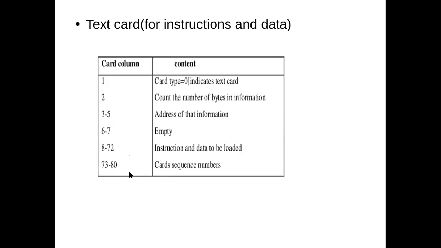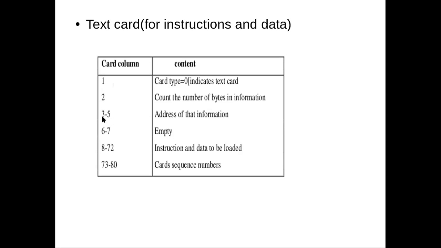So this is the text card. It contains the converted machine language instructions and data, as well as the address at which we have to load these instructions in the memory. So this is the format of the text card. It contains 80 columns. The first column tells the type of the card. If it is 0, it is a text card. The second column gives the total number of bytes available in the text card.